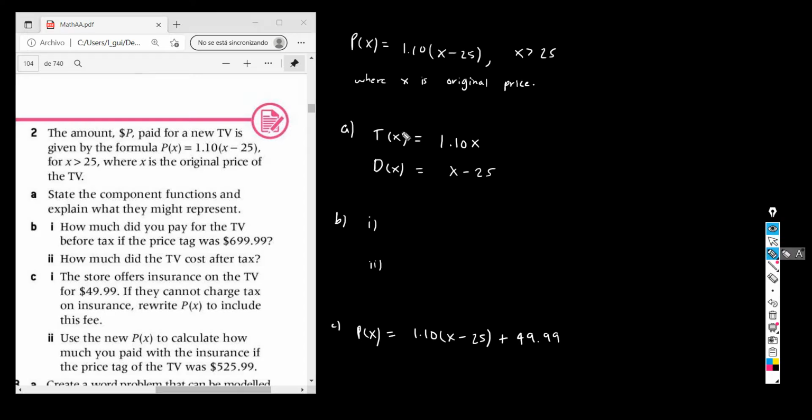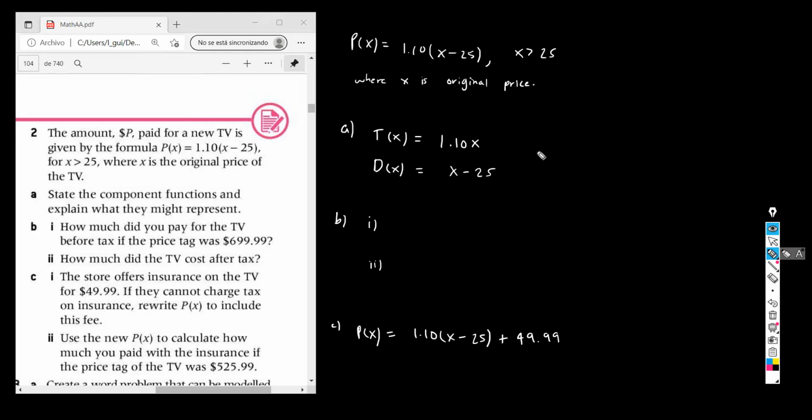Why do I say so? Because this function can be understood as the following. If I have this function t of x equals 1.10 times x, and a function d of x equals x minus 25, I'm going to explain the reason for the t and for the d in a moment.